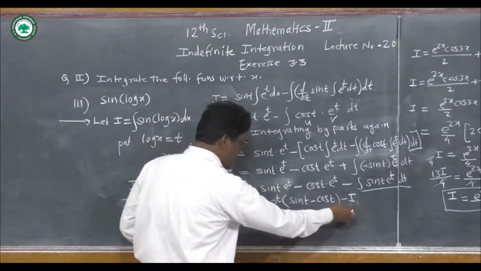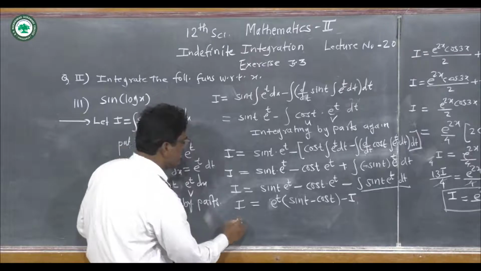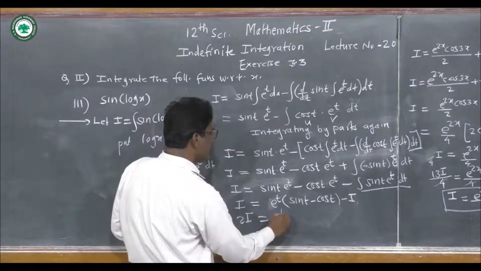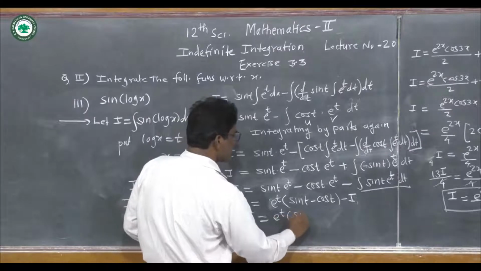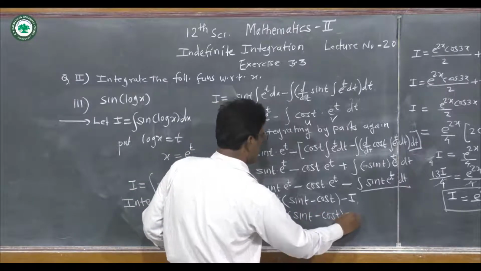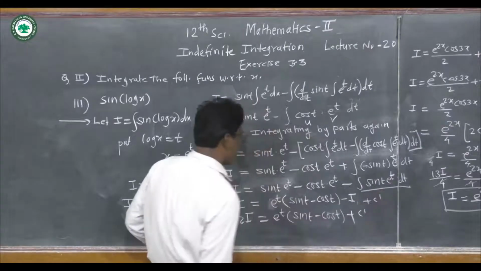Carry this minus I to the left side, minus I becomes plus I, I plus I is equal to 2I. So 2I is equal to e to the power t in the bracket sin of t minus cos of t, and plus, suppose c dash, here also we write plus c dash. Get it?